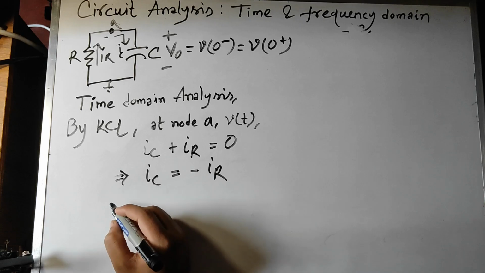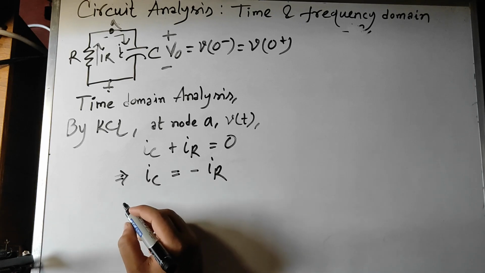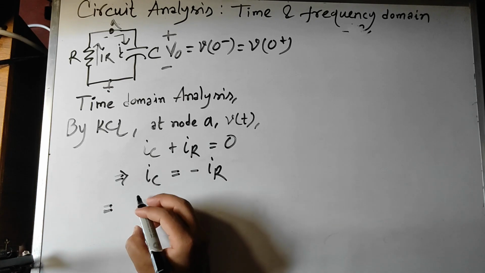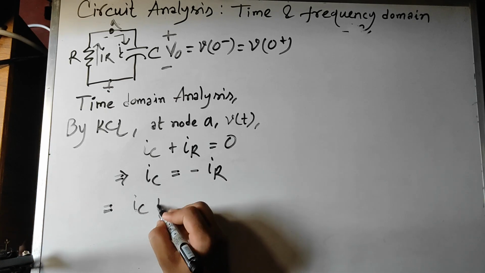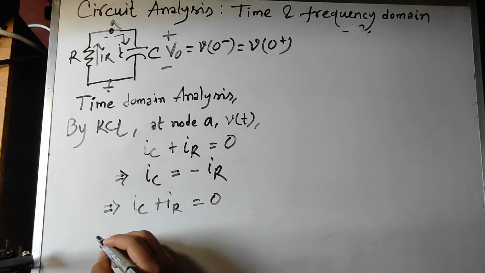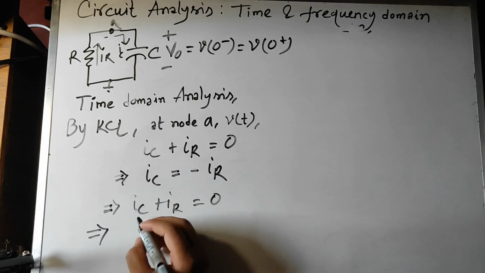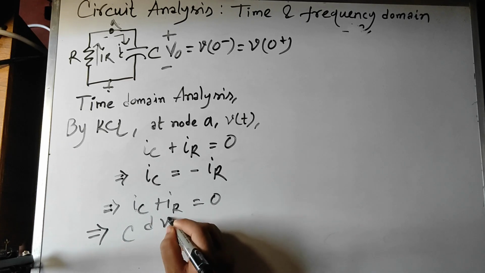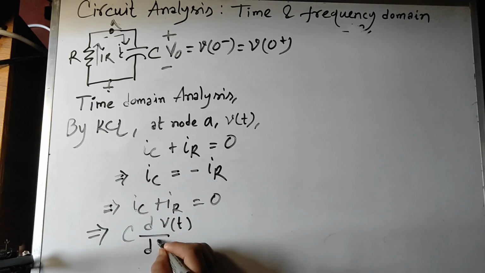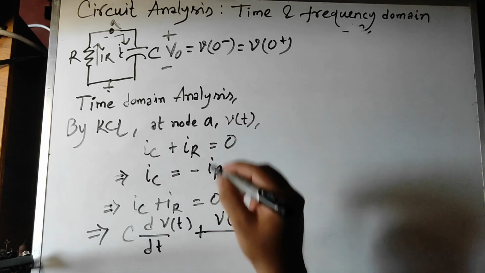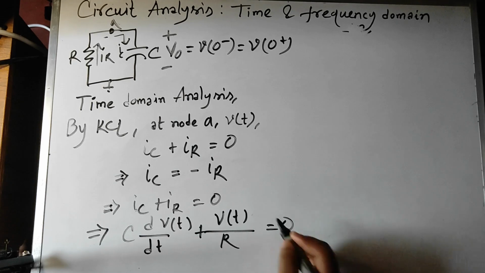Now let us rearrange the equation. By rearranging, IC plus IR equals 0, which gives, we know that IC, the current across the capacitor, is C dV(t)/dt, plus V(t), the node voltage, by R equals 0.